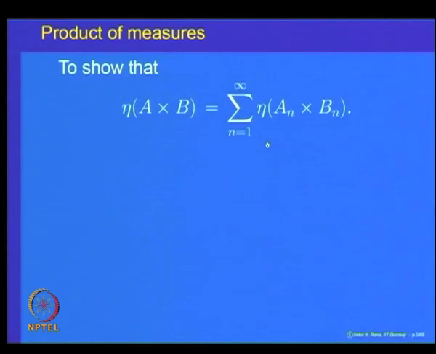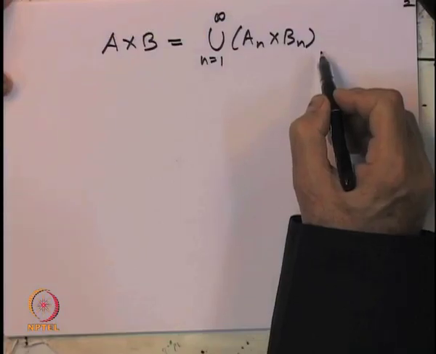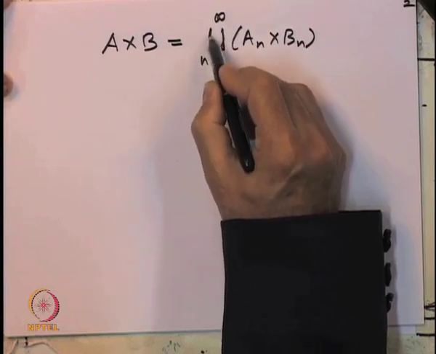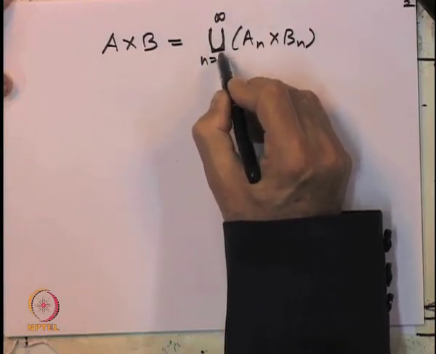So, to show that, let us proceed as follows. Here is a rectangle A cross B, which is written as a union of rectangles A_n cross B_n, n equal to 1 to infinity, and these rectangles are pairwise disjoint. The disjointness we will represent by putting a square cup.